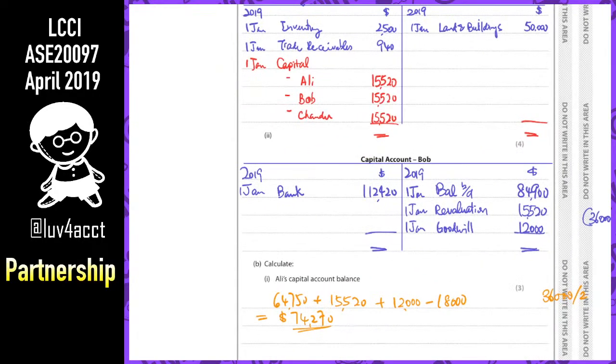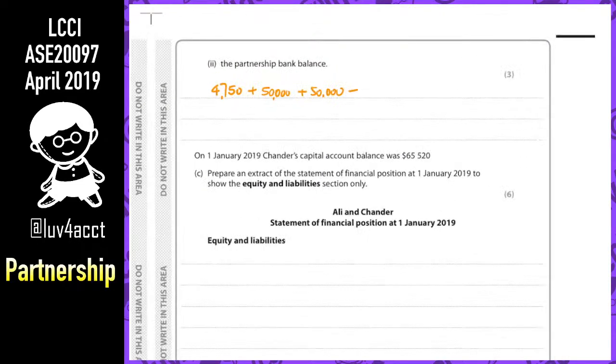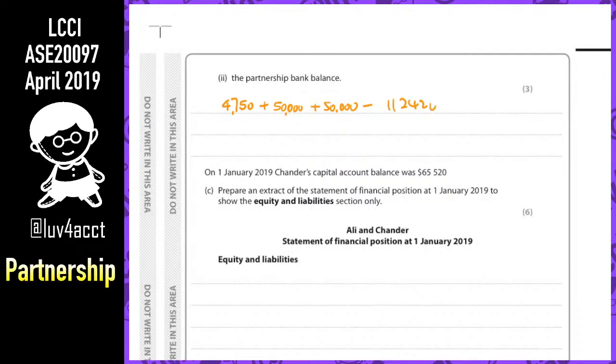And the final settlement of Bob, 112,420. So that would give you a negative amount of 7,670. If it is an overdraft, I always state clearly that it is an overdraft, even though I have already given the negative sign.